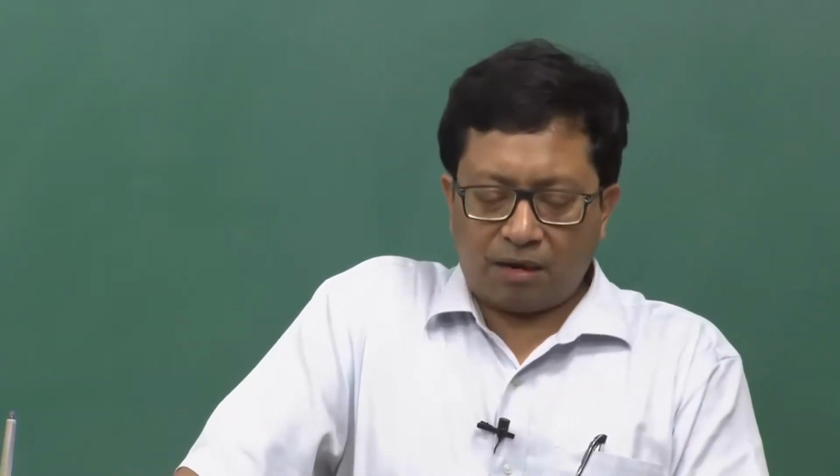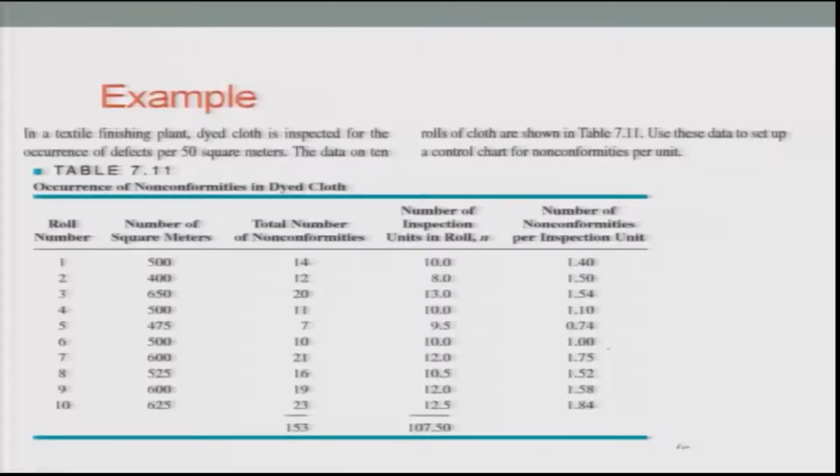So, let us consider an example. Here in a textile finishing plant, dyed cloth is inspected for the occurrence of defects per 50 square meters. The data on 10 rolls of cloth are shown. The rolls are numbered 1 to 10. The number of square meters is given, starting from 500 to 625. The total number of non-conformities in each roll is given. The first one is 14, the second is 12, till the second last is 19 and then 23.